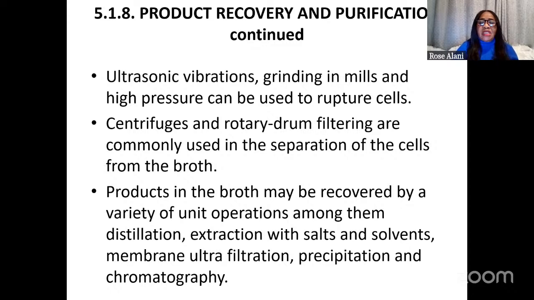Products in the broth may be recovered by a variety of unit operations. The products from that mixture can be recovered by different methods. One can be distillation or extraction with salts and solvents, membrane ultrafiltration, precipitation, and also chromatography.